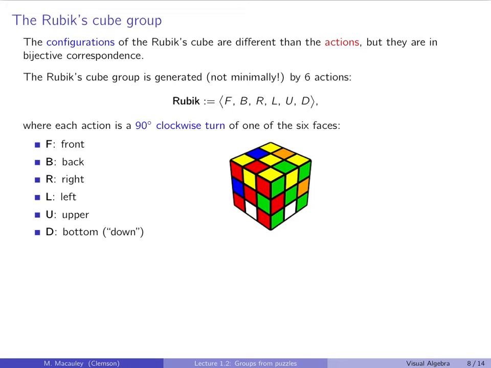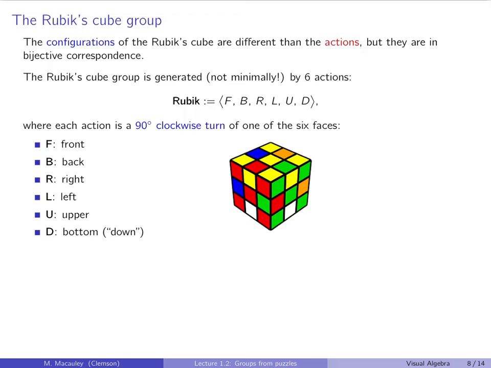Just like for the symmetries of the rectangle, the configurations of the Rubik's Cube are different than the actions. But once again, they are in bijective correspondence. The Rubik's Cube group is generated, albeit not minimally, by 6 actions.